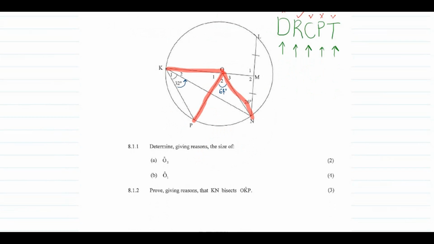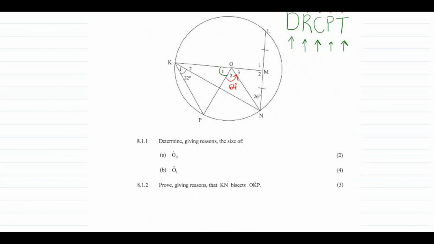Determine, giving reasons, the size of our angle O1. Since we are told that KOM bisects our line LN, we know that the line drawn from the center of the circle to the midpoint of a chord is perpendicular to that chord, according to the radius chord theorem.